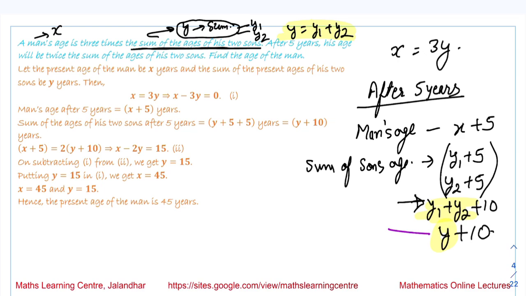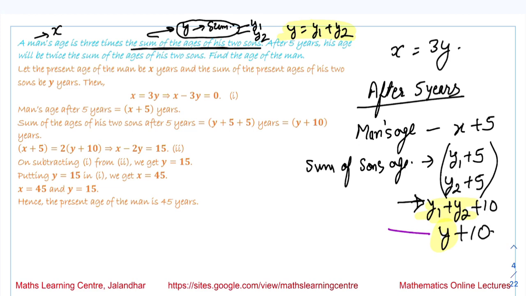At this moment the sum is Y. Suppose the ages of both the sons are Y1 and Y2. So Y is equal to Y1 plus Y2, that is the sum of their ages.